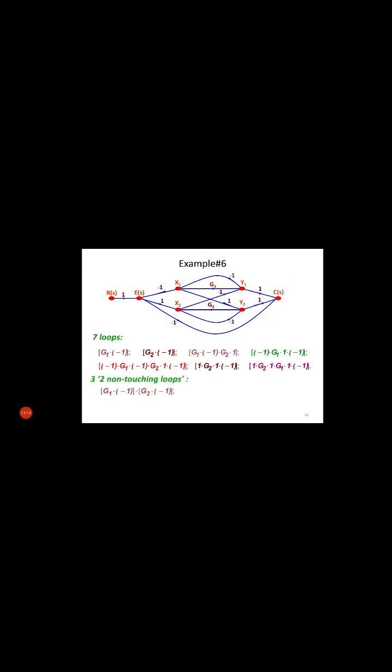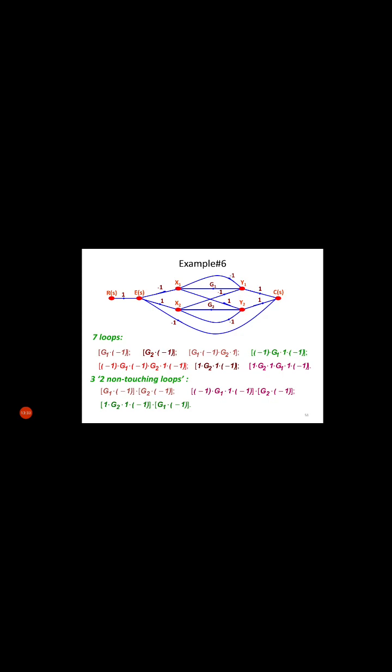Okay, now find the non-touching loops. There are two non-touching loops. So find how many combinations of two non-touching loops there are.